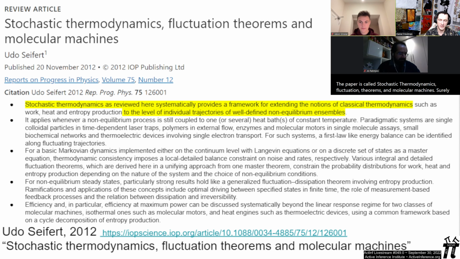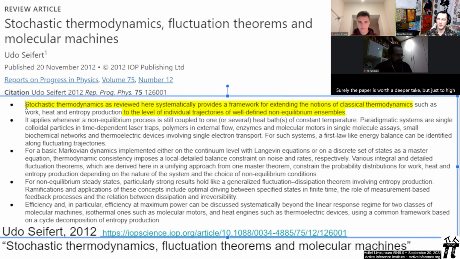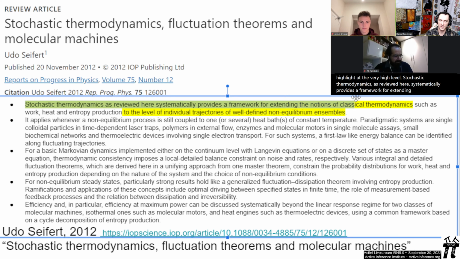Surely the paper is worth a deeper take, but just to highlight at the very high level, stochastic thermodynamics, as reviewed here, systematically provides a framework for extending the notion of classical thermodynamics, such as work, heat, and entropy production, to the level of individual trajectories of well-defined non-equilibrium ensembles.